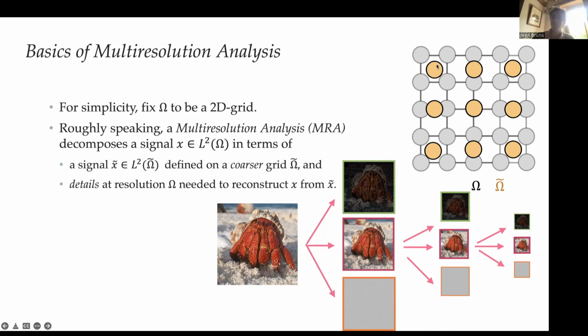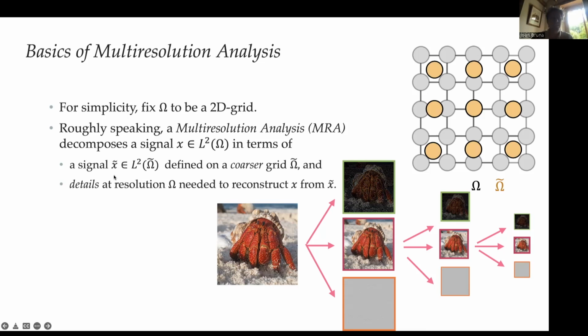Here, the resolution in orange has fewer pixels than the grid in gray, and so I can express an original signal X in terms of the coarse version. But of course, when I go from the gray grid to the orange grid, I'm throwing away information, because I'm using a smaller number of pixels.